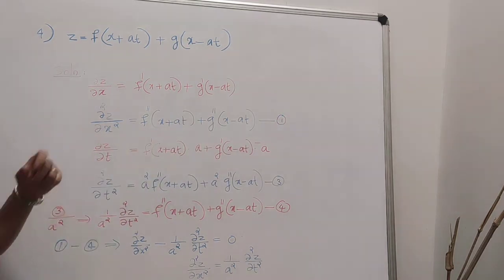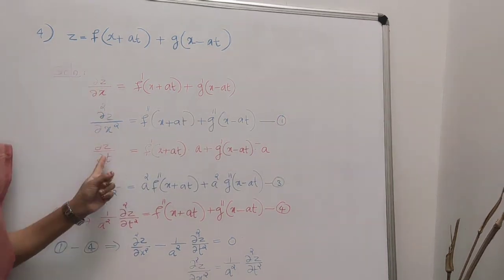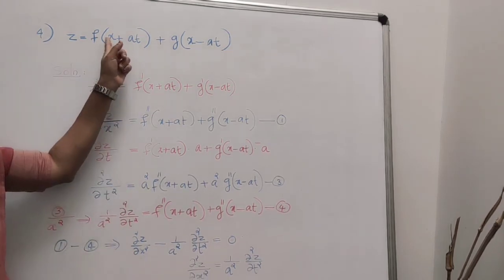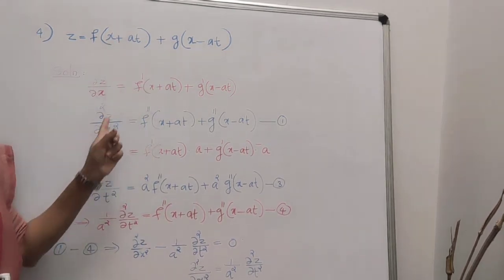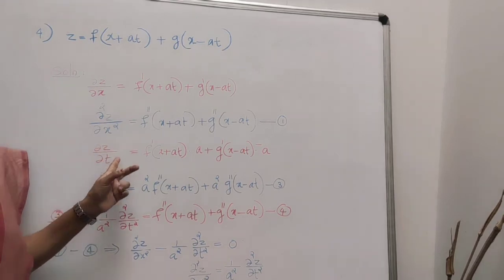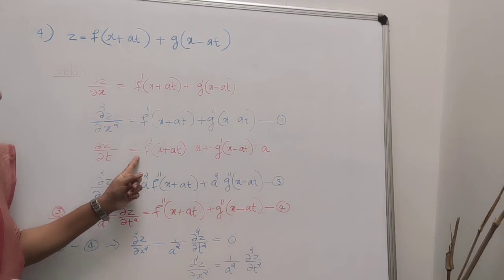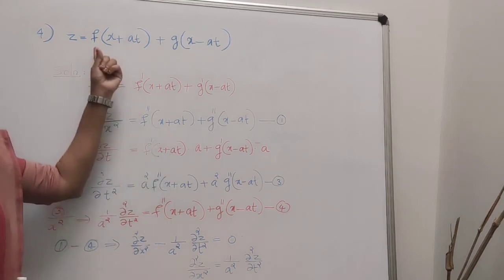Now again the equation is differentiated with respect to t. There is no y, isn't it? The variables are x and t. So here we are differentiating with respect to t. dou z by dou t is equal to, similarly, you consider f of something.